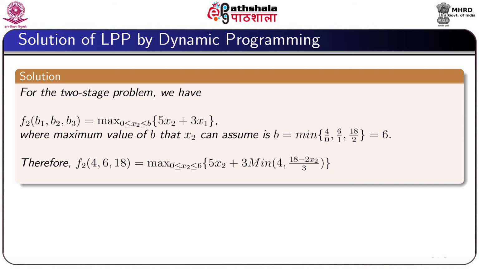Therefore, f_2(4, 6, 18) is equal to the maximum of 5x_2 plus, we put the value of x_1 here, that is 3 into the minimum of 4 and (18 minus 2x_2) by 3.